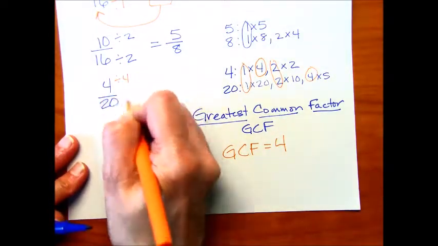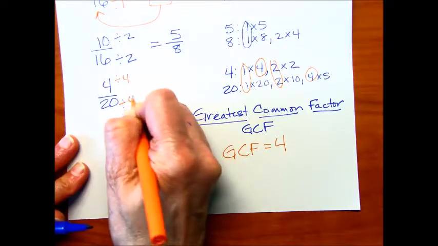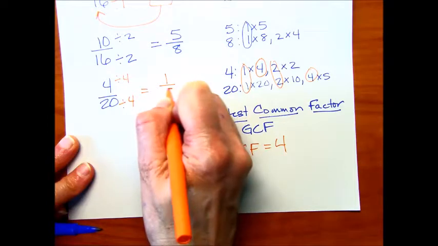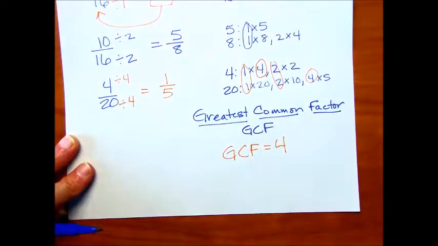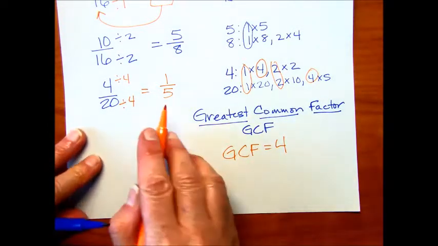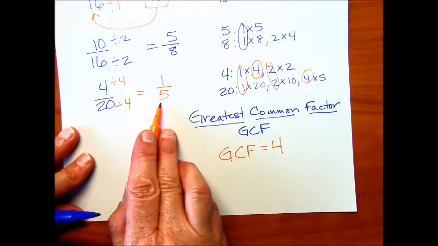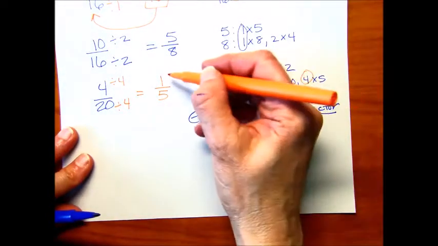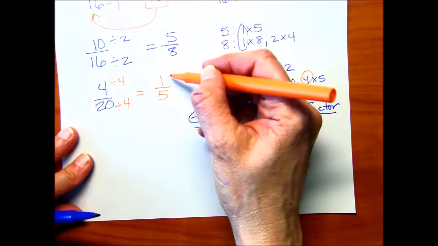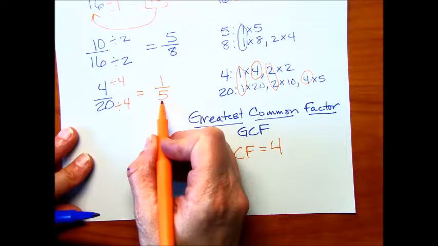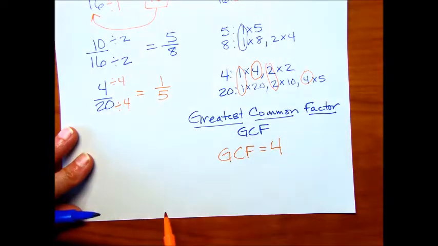Divide both the numerator and the denominator by 4, and that's going to give me 1/5. Now I know for sure this is a reduced fraction. 1 will only go into 1, and 5 is made up of a 5 and a 1. I can't reduce that any further.